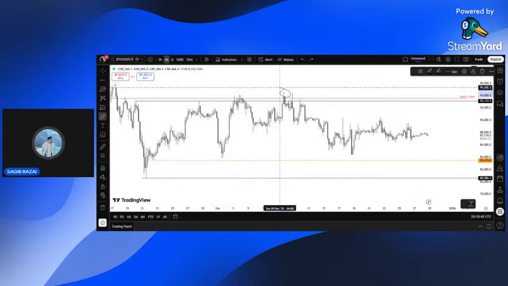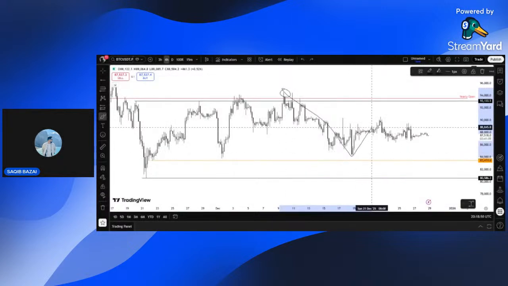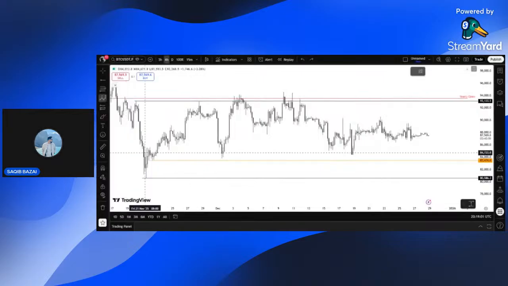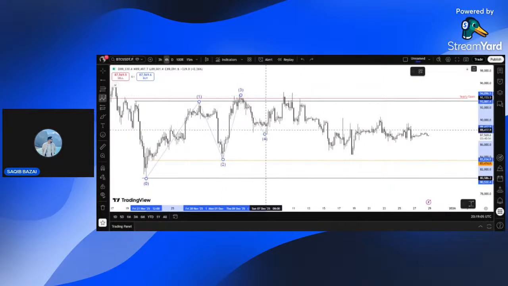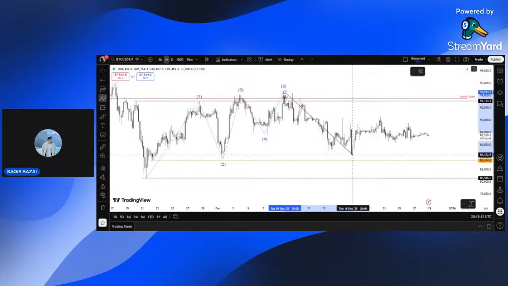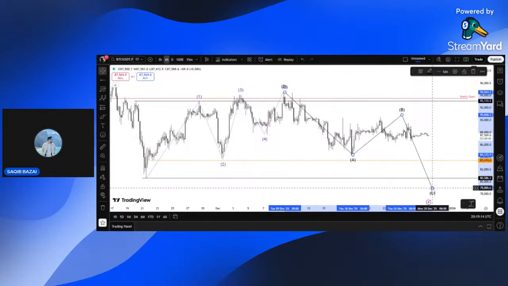And from here, it is one, two, and then three. This is the thing which can happen, and it will look like this. Let me show you. So this is a one, two, three, four, five wave to the upside, and then after that, maybe this is an ABC wave, A, B, and then C to the downside.